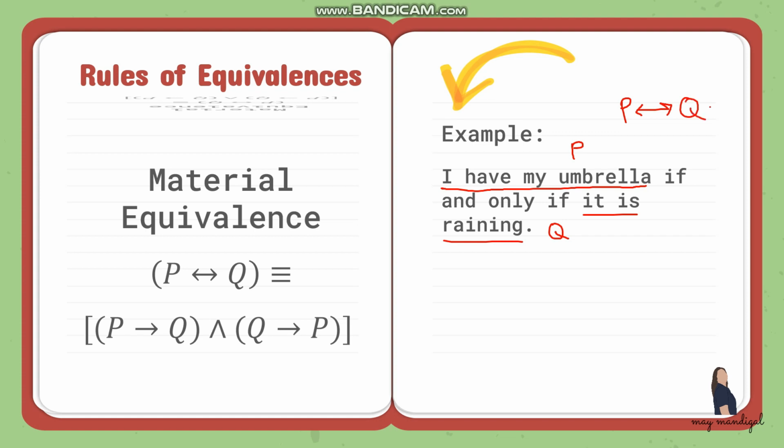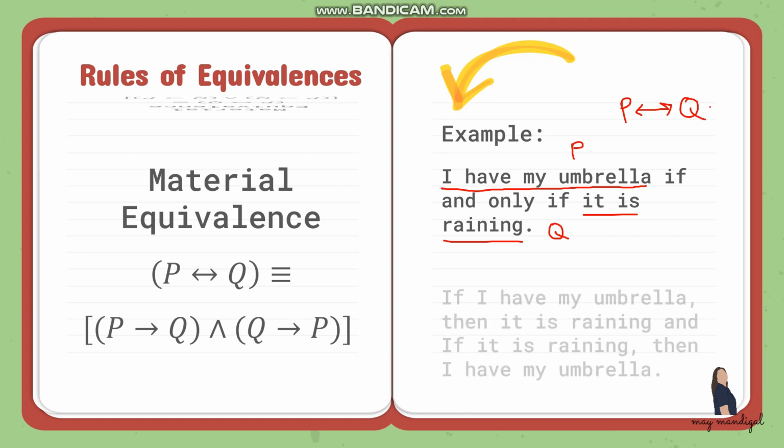Now, if we will write the equivalent statement of this using material equivalence, all we have to do is write two implications and then connect them using the conjunction and. So it will be like this. If I have my umbrella, so that's P, then it is raining.